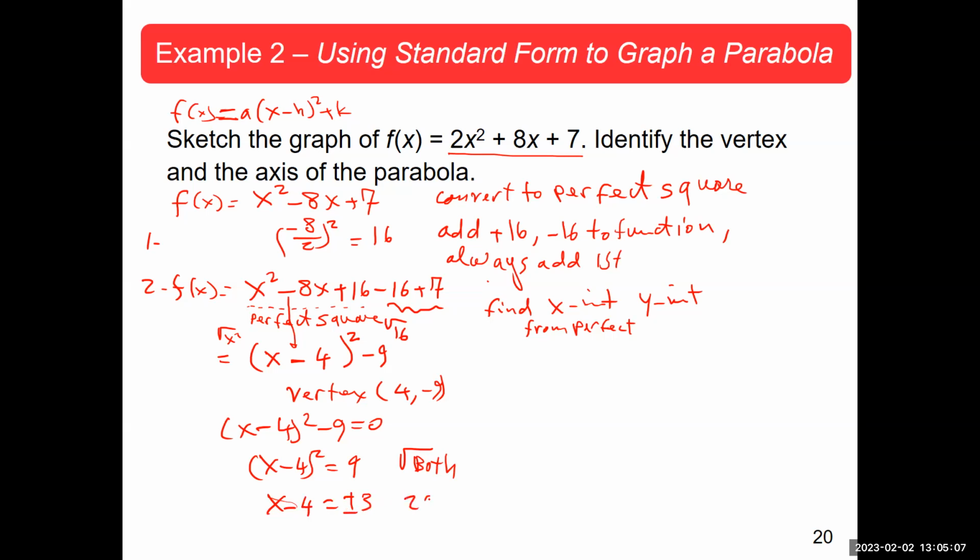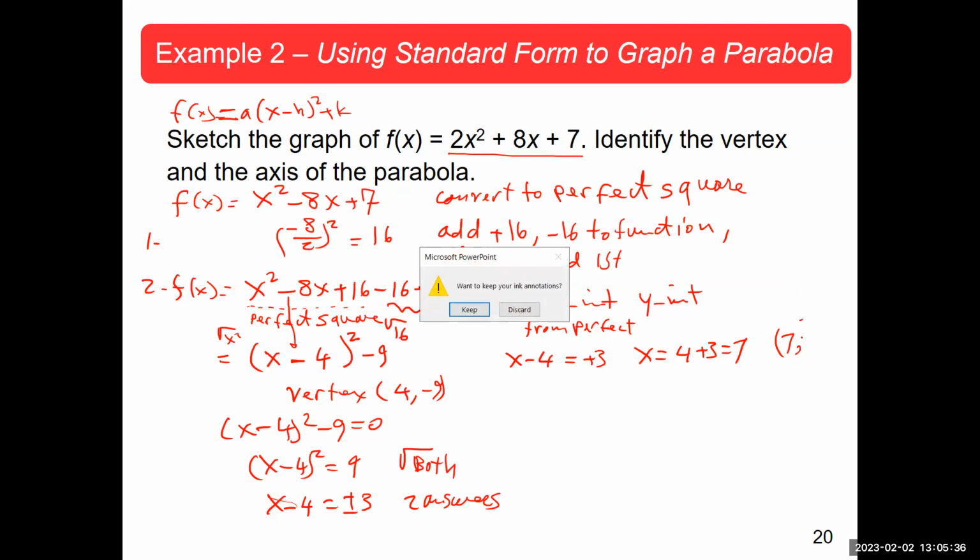Two answers. x minus 4 equals positive 3. x equals 4 plus 3, that equals 7. Then what is the x-intercept? 7, comma 0.